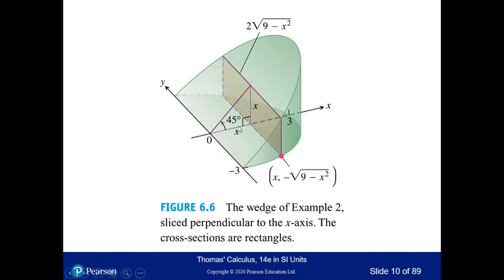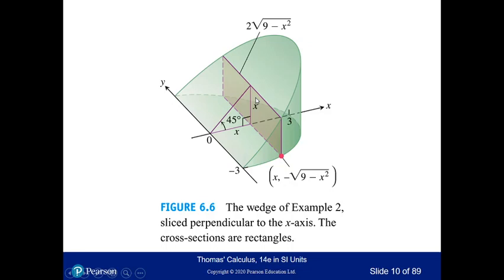There's a wedge. Let's try to understand that. This is a wedge, like a kind of wedge in your shoes. We are going to look at the cross-sectional area.